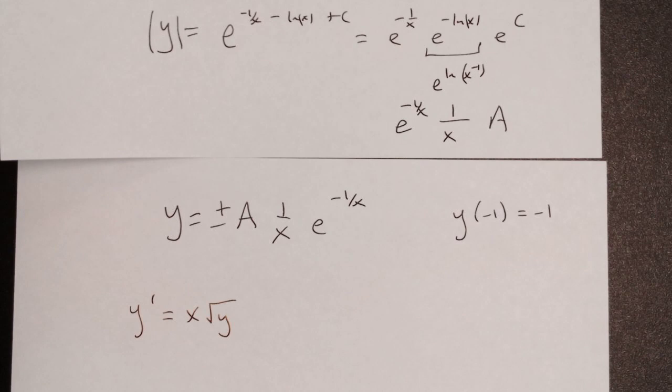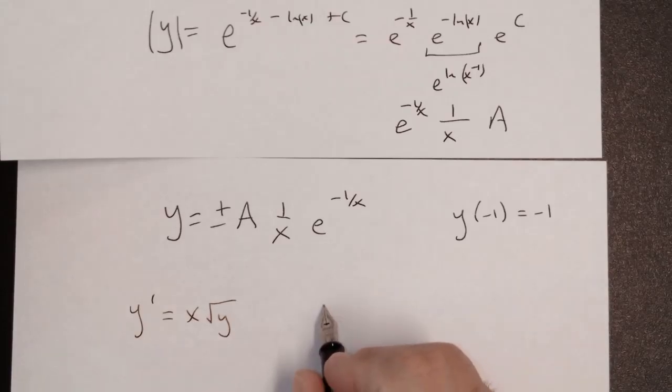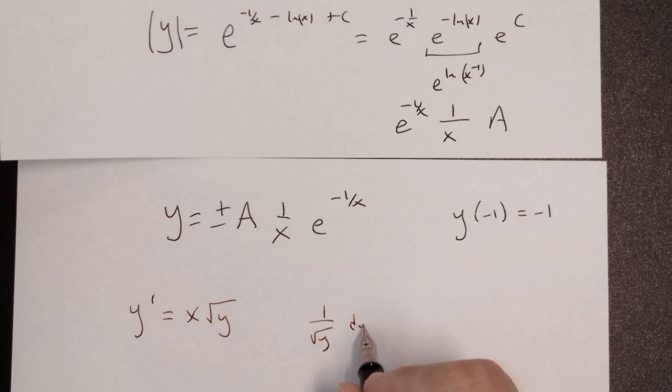That is absolutely separable because I can write it 1 over square root of y dy equals x dx. That's separable. And I know how to solve it.